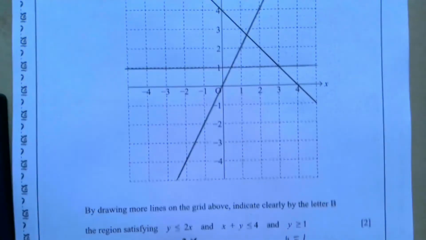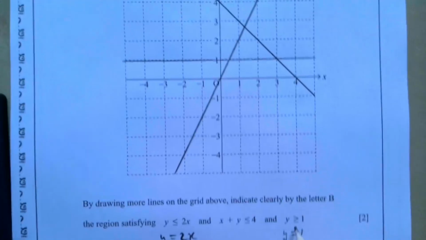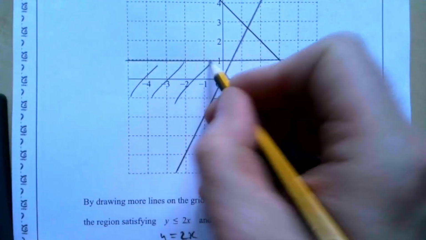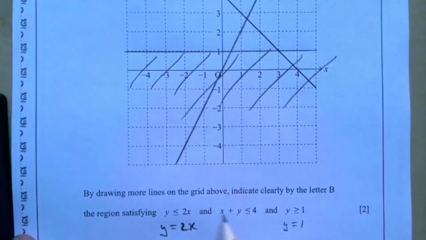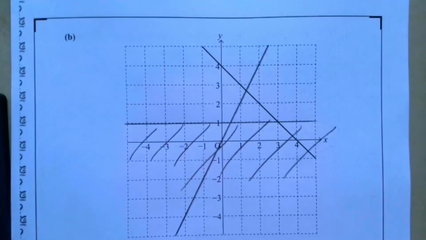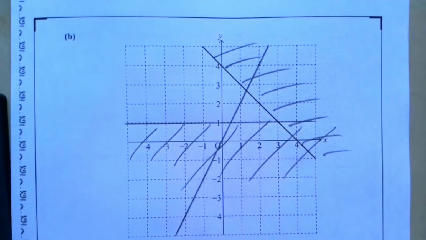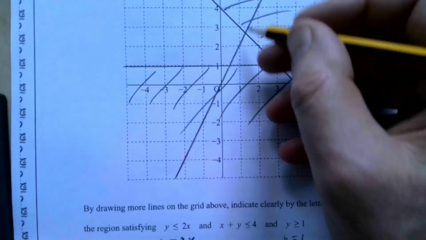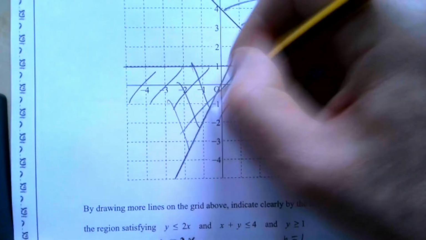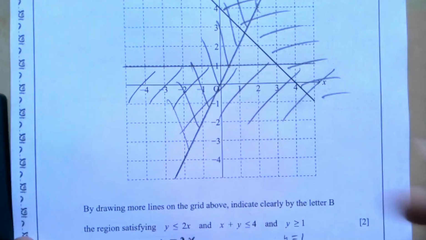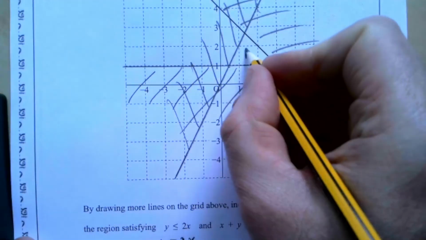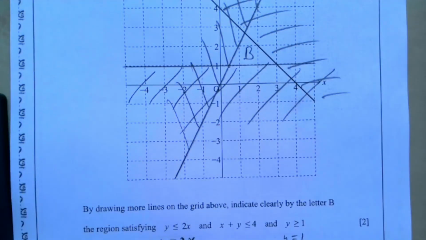So we have that. So y is greater than 1. We want above this line, so I get rid of below it. x plus y is less than 4. We've been there with this one. We want there, and then we want y is less than 2x, so lower than that line. Again, if you don't like that method, pick a point not on the line, and that will be it. And we're asked then to label that one B.